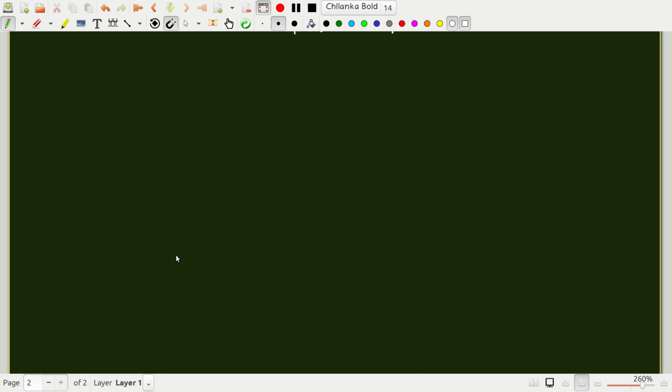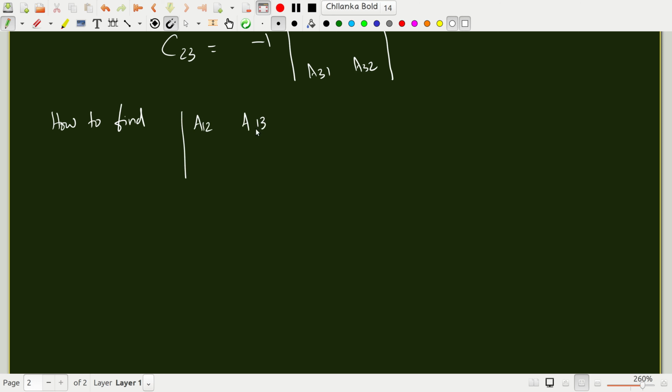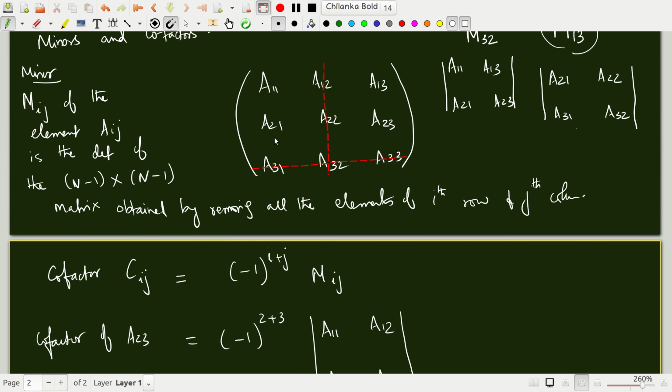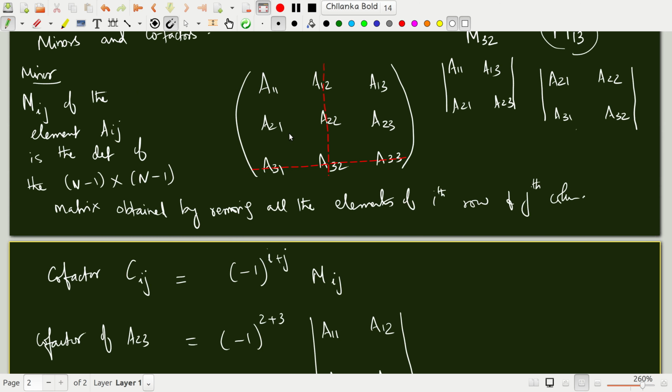Now, how do I find the determinant? I'll come to the expression for the determinant of a matrix A shortly. How do I find the determinant of the 2 by 2 matrix that comes out? We will end up with such determinants for each of the matrix elements, so we need to find a way of calculating them.